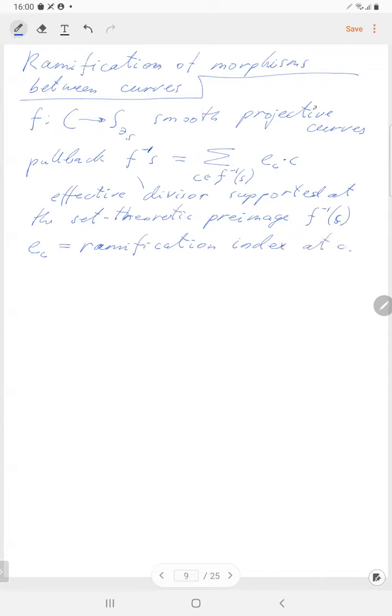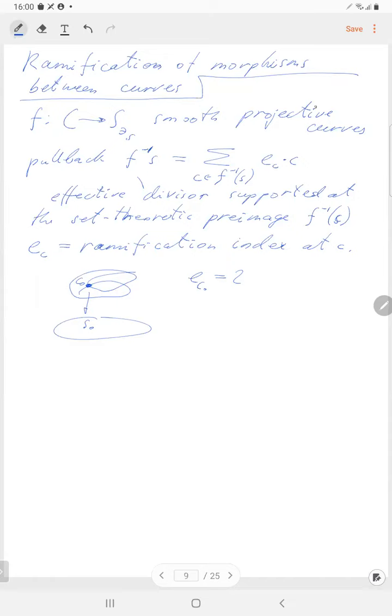So for example, when we had this double cover ramified at this point, so it was c0 going to s0 here, then the ramification index at c0 was equal to 2. But everywhere else there was no ramification, and the ramification indices were equal to 1.